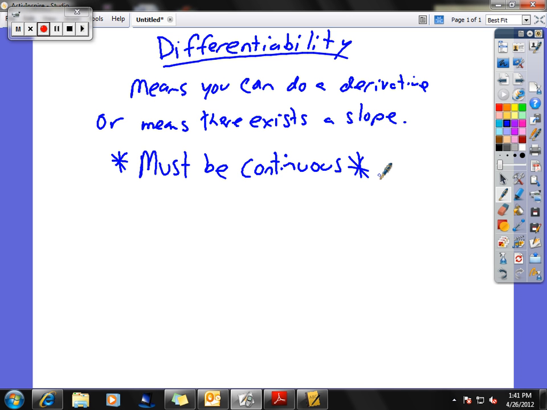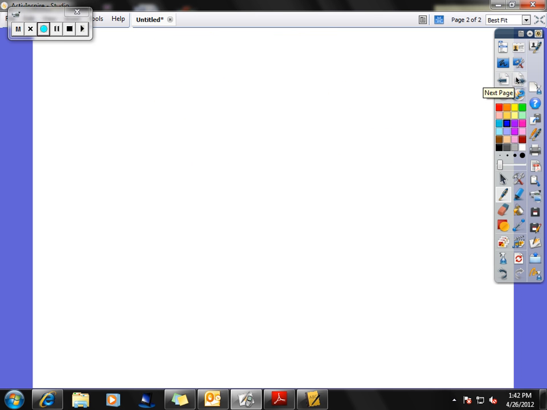So we're going to basically make a list of things that would make a function not differentiable, and then everything else would be differentiable.